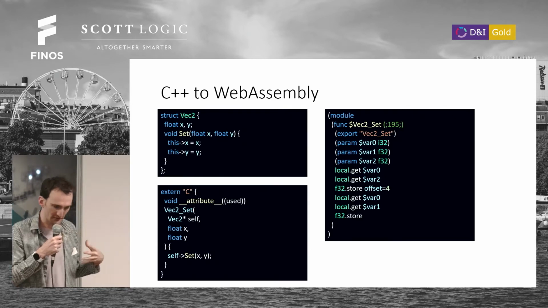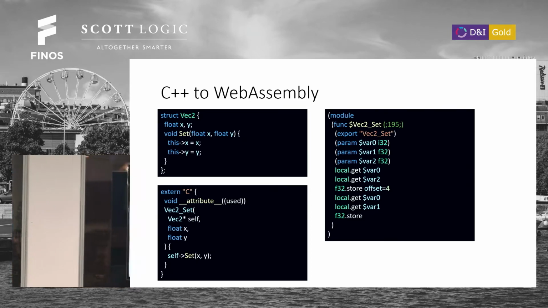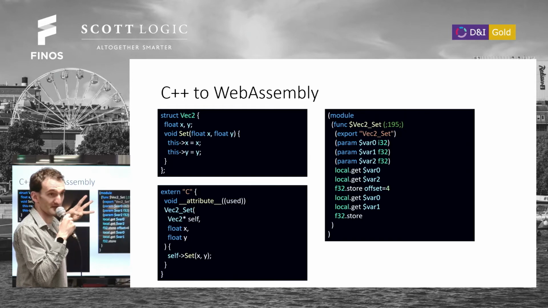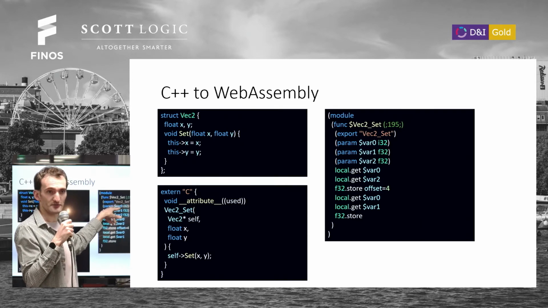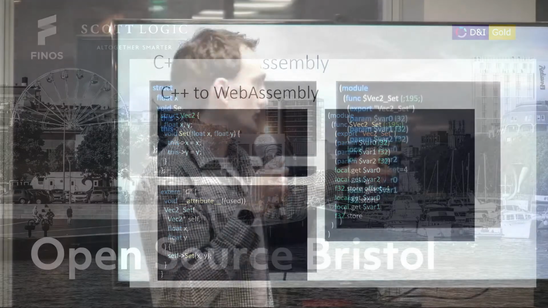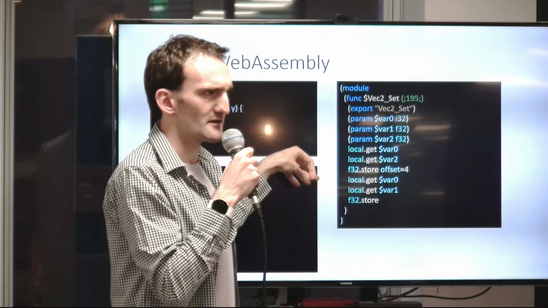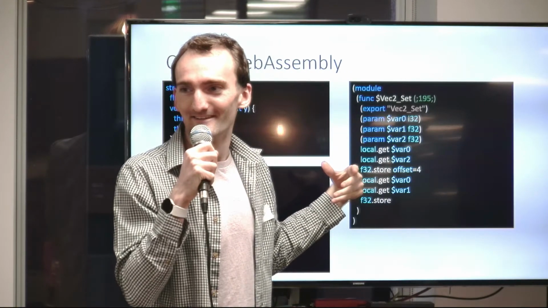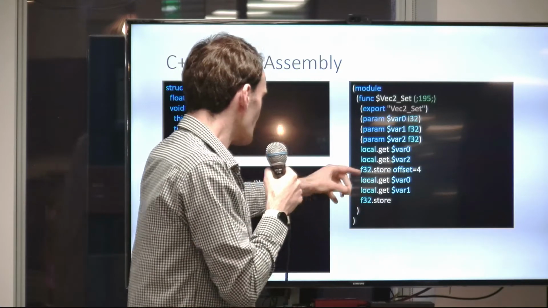You've got assembly instructions. So you have a function named vector2set. It has 3 parameters actually, because the first one is a pointer to the instance of the vector that you constructed. And then you've got x and y, they're floating point numbers. It's a virtual register machine. Is that correct, Colin? Stack-based virtual machine. Okay.